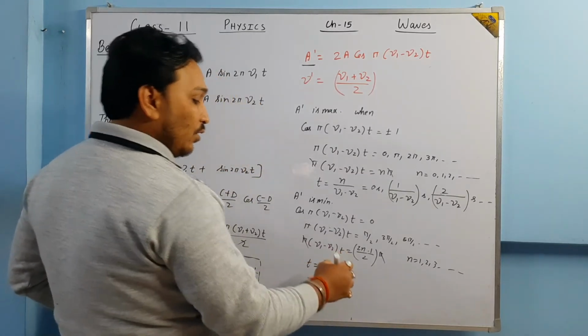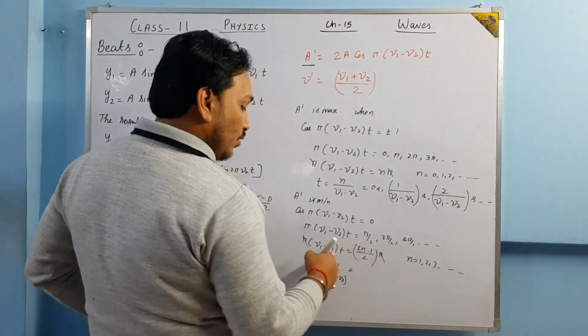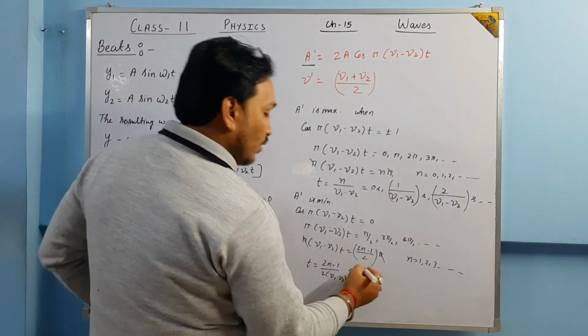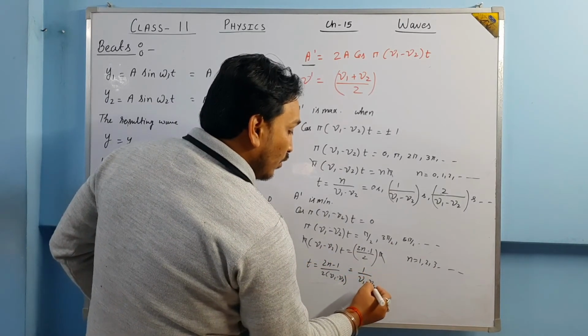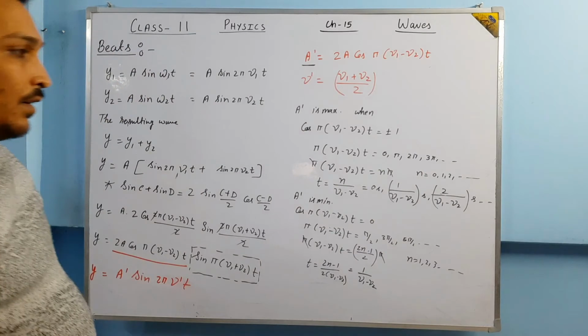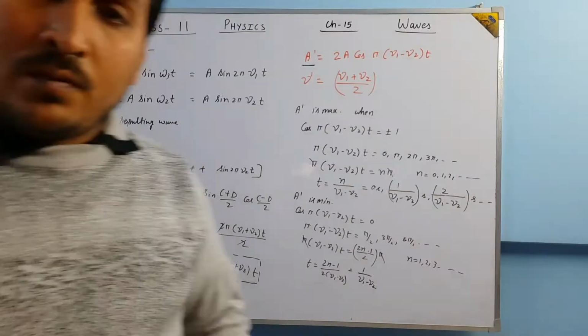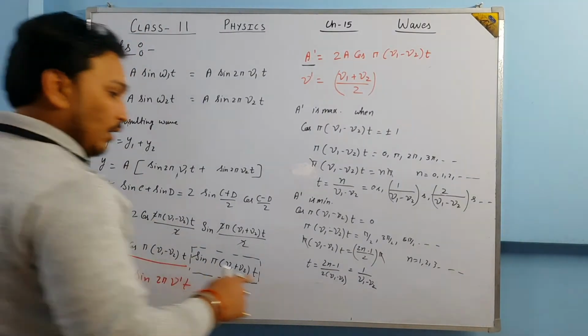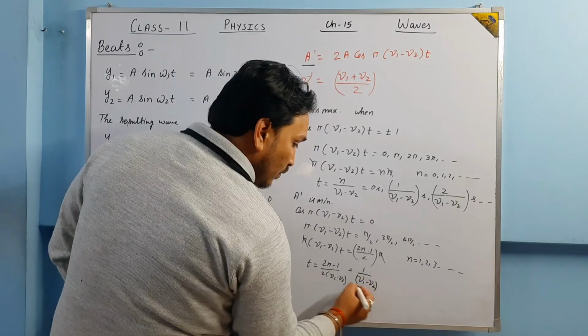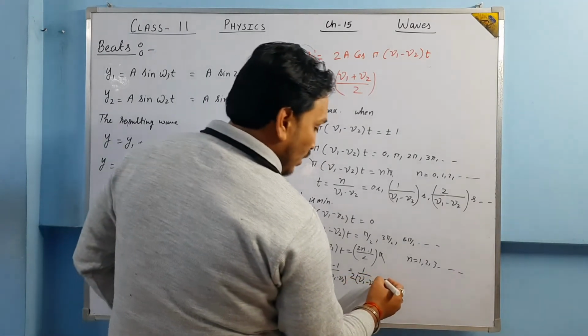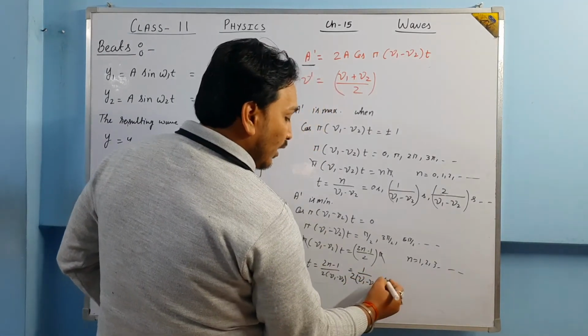If you put n is equal to 1, 2 minus 1 is 1, so it will be 1 upon 2(nu1 minus nu2). The first minimum will occur at this time.